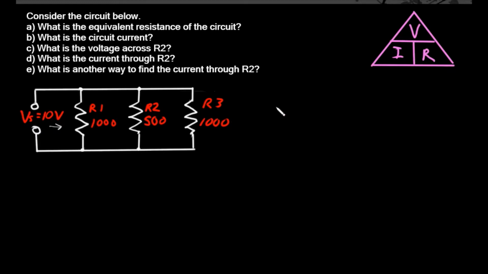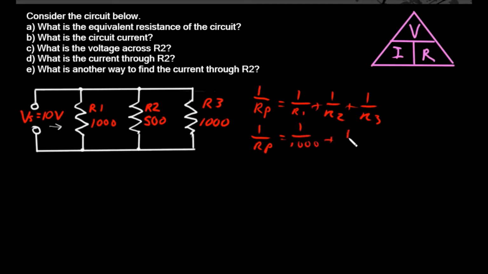Well, you're going to need to use the parallel resistance equation, which is 1 divided by Rp, R parallel, is equal to 1 over R1 plus 1 over R2 plus 1 over R3, which is equal to 1 over 1,000 plus 1 over 500 plus 1 over 1,000.